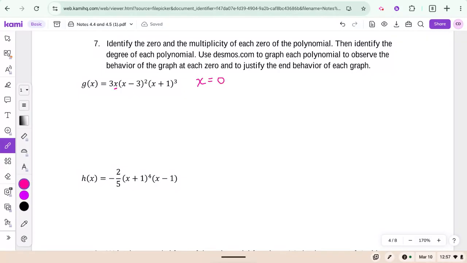It has a multiplicity of 1 because it only appears once. Okay, the next factor I see is x minus 3. And if I set that equal to 0 and solve for x, I actually get 3. Because it is squared, that means its multiplicity is 2.